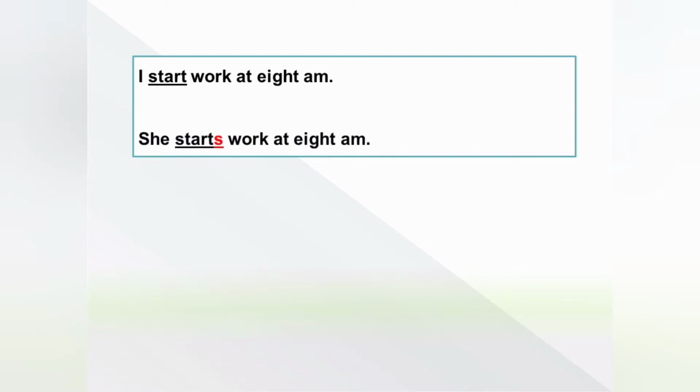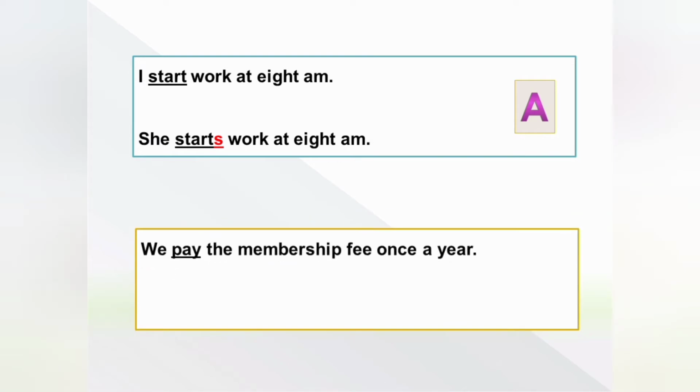Look at these sentences. I start work at 8 a.m. She starts work at 8 a.m. Let's name this pair as pair A. Next, pair B. We pay the membership fee once a year.